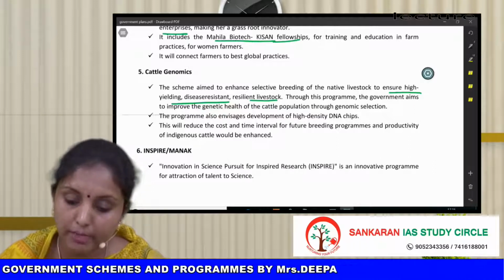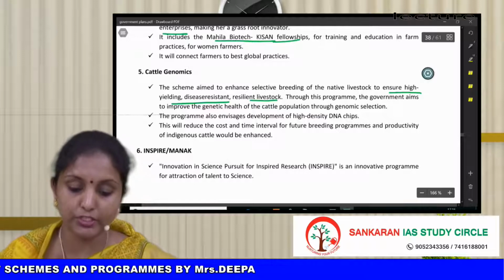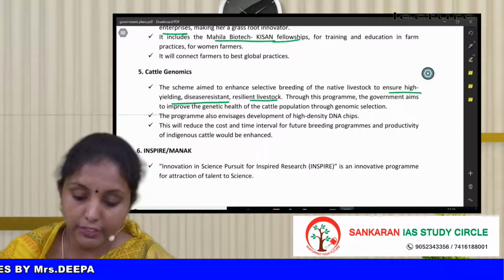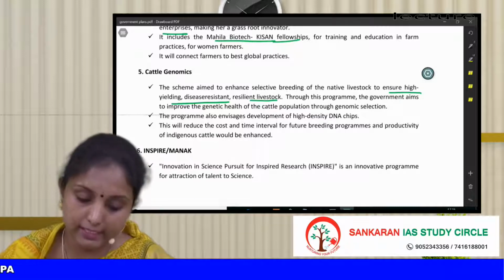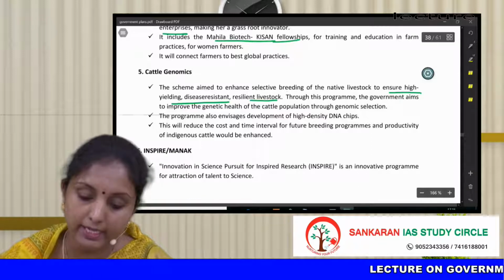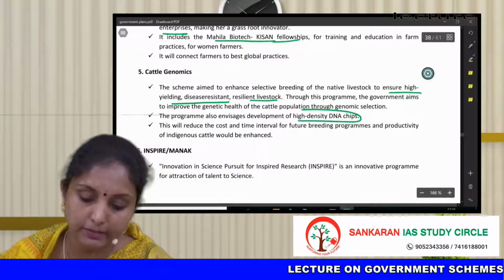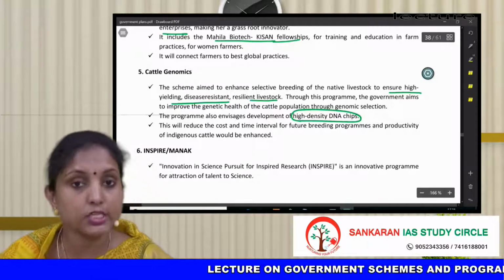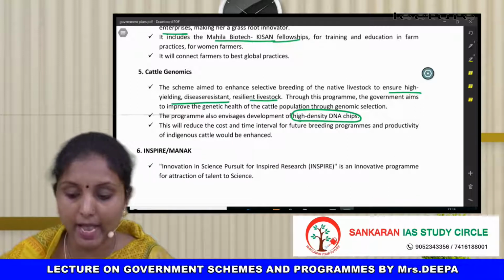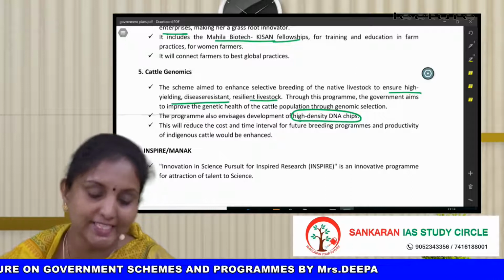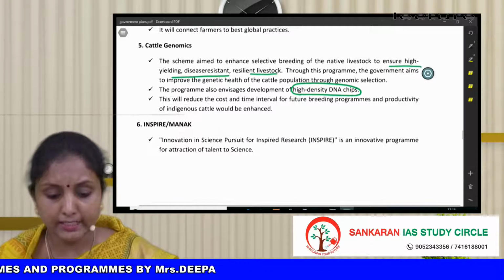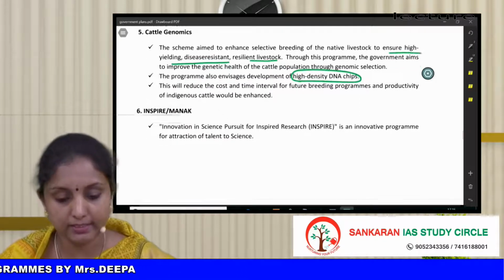Through this program, the government aims to improve the genetic health of the cattle and the population of it through genomic selection. The program also envisages the development of high-density DNA chips. This will reduce the cost and time interval for future breeding programs, and productivity of indigenous cattle would be enhanced. This is about cattle genomics.